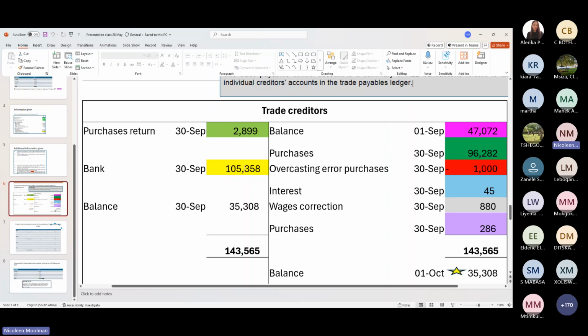We should not be decreasing your trade creditors balance with the 880 because we didn't pay a supplier, we paid wages.